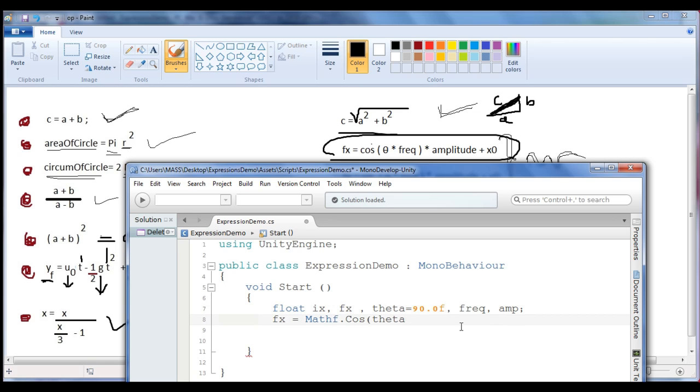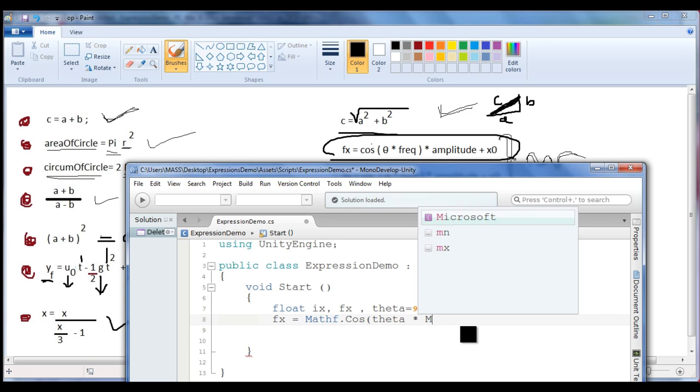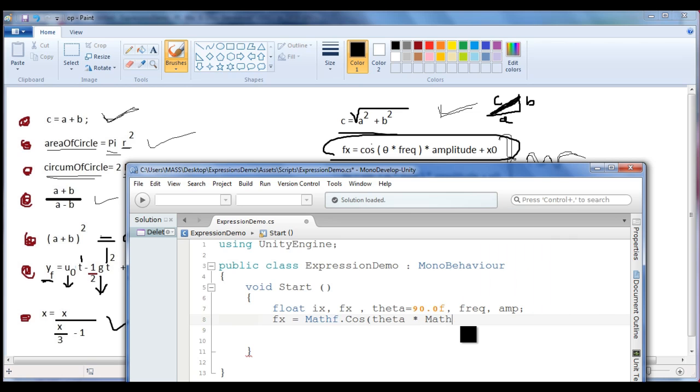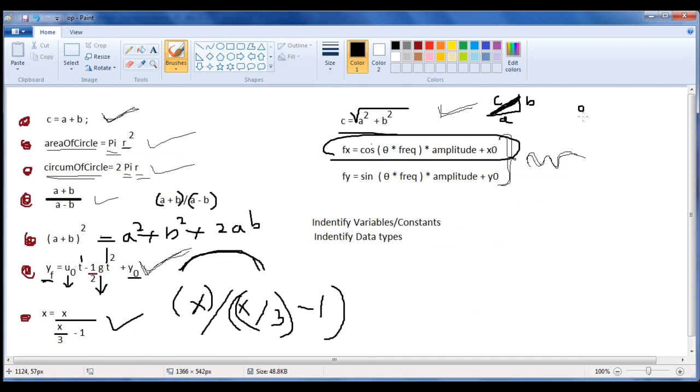So we will multiply this with Mathf. How do you convert degree to radian? 180 degrees is equal to pi radians.